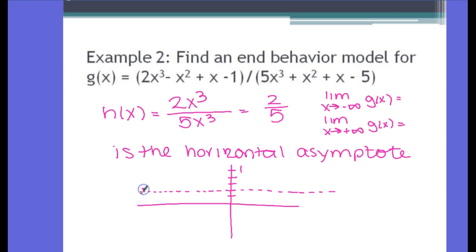It's either going to be, we don't know yet, it could be above or below, right? So as we're getting really, really big, it's getting really, really close, either above it or below. Okay?